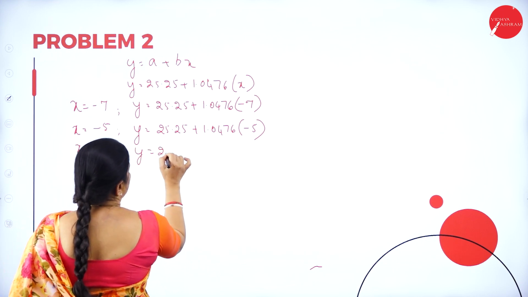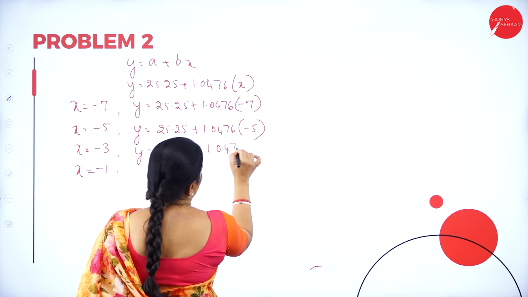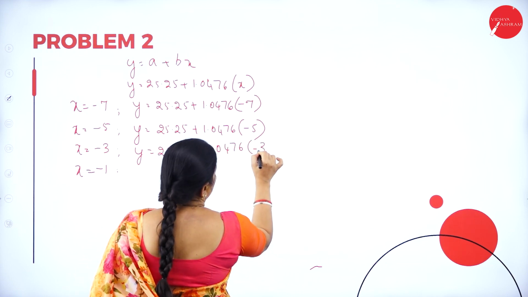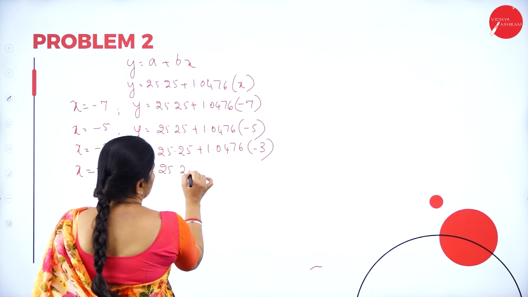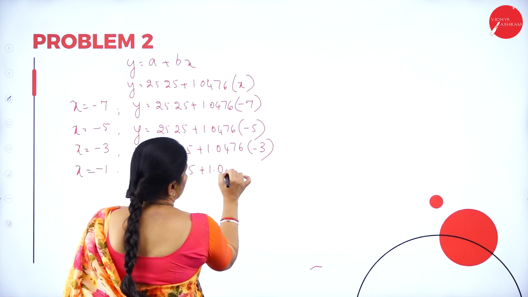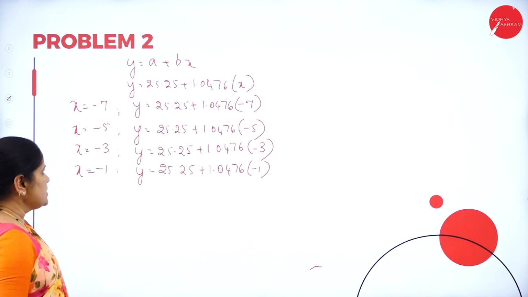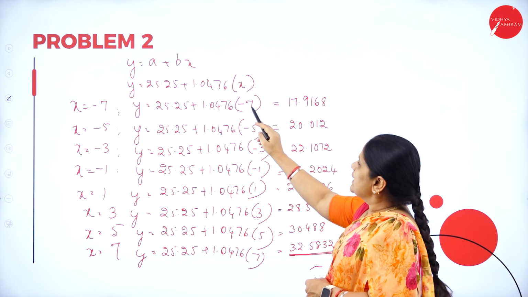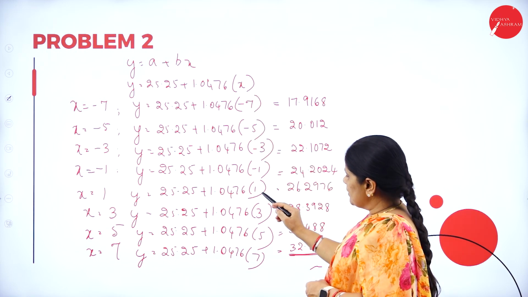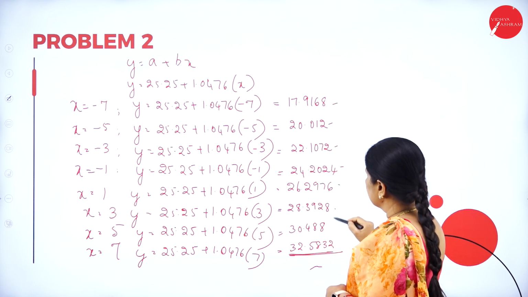Then y will be 25.25 plus 1.0476 into minus 3. Then y will be 25.25 plus 1.0476 into minus 1. So instead of x, I will write minus 7, minus 5, minus 3, minus 1, 1, 3, 5 and 7. So I am getting all the trend values in this manner.